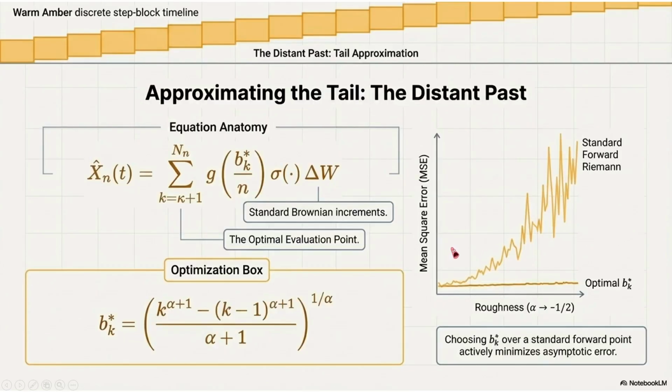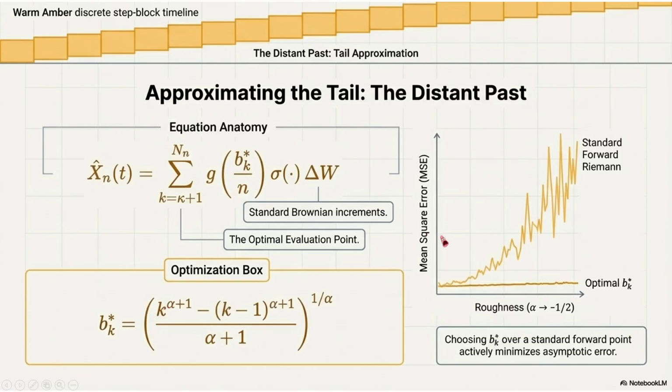So for the second zone, there are no spikes, so you can safely use the simple flat step approximation using standard Brownian increments. But we will use a smart tweak inside the optimization box. Instead of just picking the start or the end of the time step to draw our flat box, we calculate a mathematical optimal evaluation point inside the step called b star.